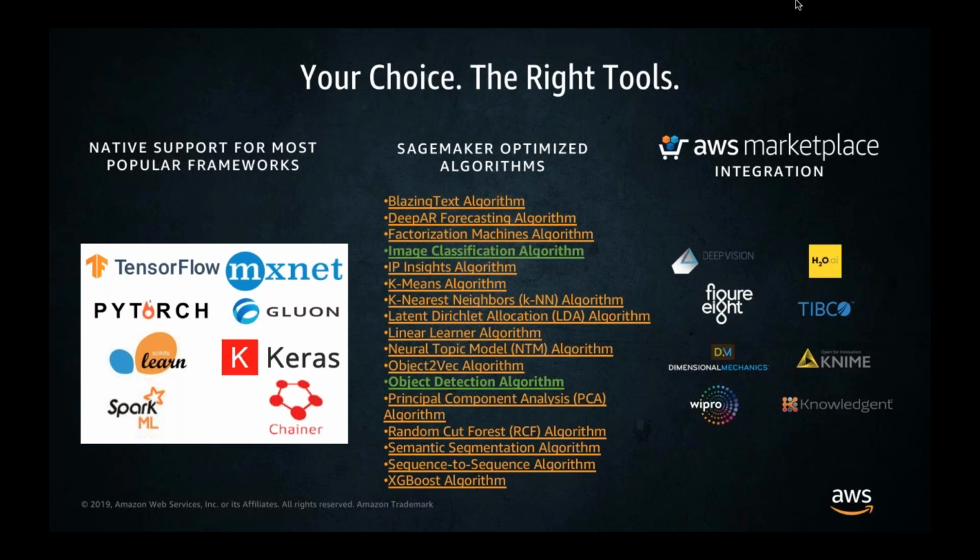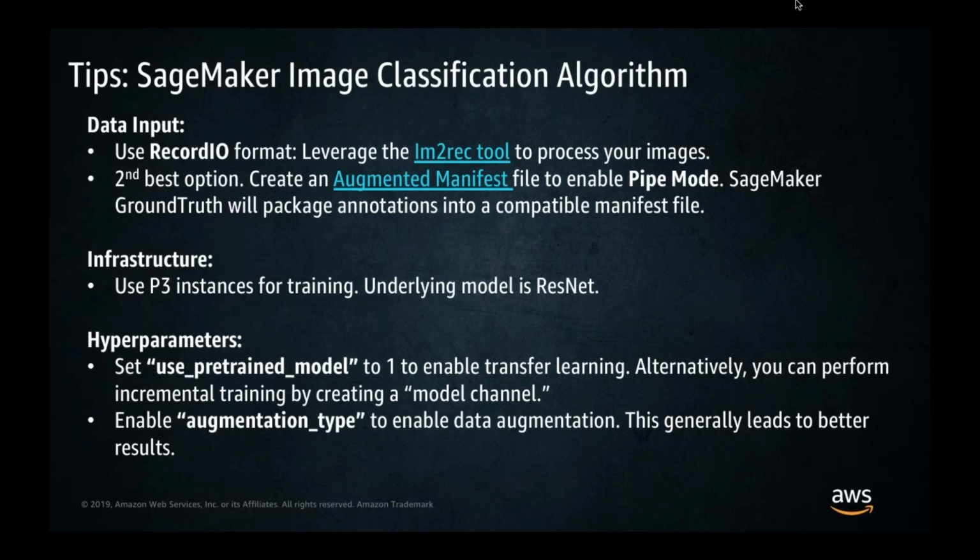Once you have your data set and you start training your image classification and object detection algorithms, you can do so with little or no code, as I mentioned. There are partner algorithms available in the marketplace, and there are also algorithms provided by SageMaker, which includes image classification as well as object detection.